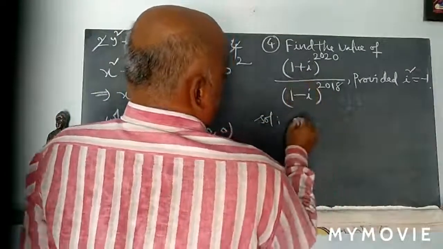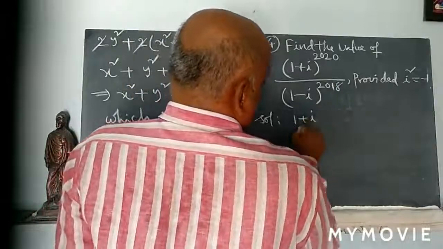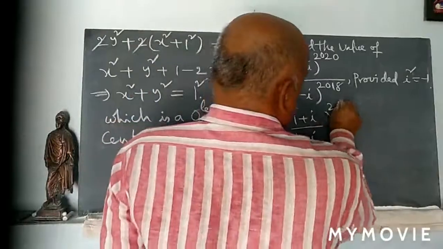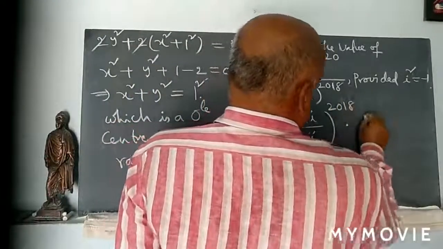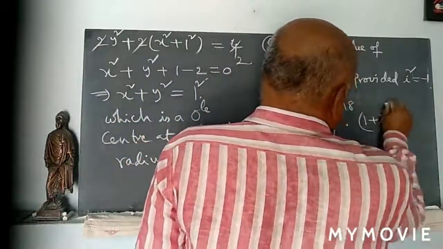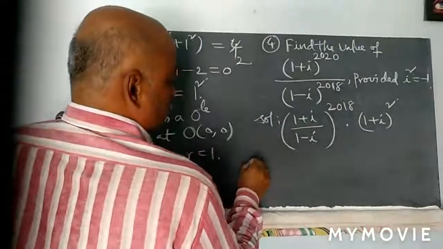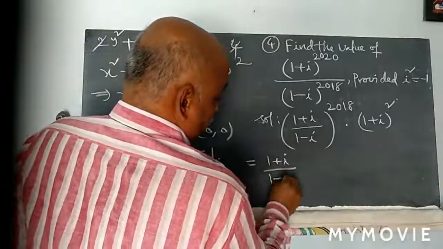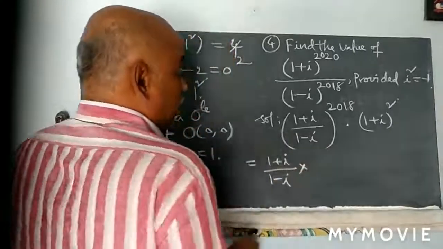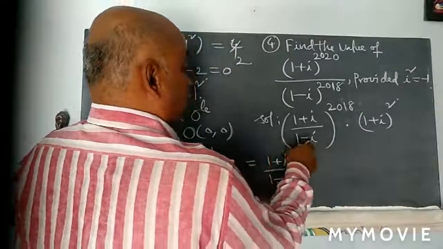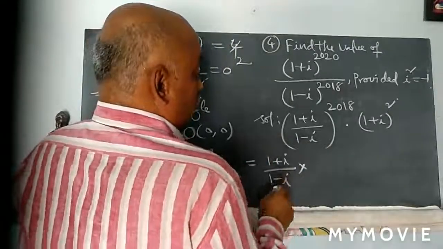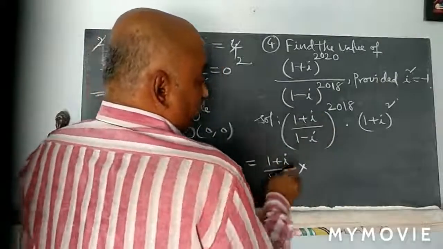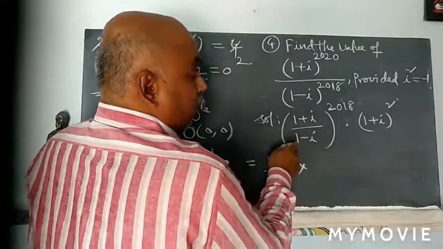This expression can be written as ((1 plus i) by (1 minus i)) whole to the power of 2018 into (1 plus i) whole square. In the denominator it is a complex number, so to convert this expression into complex form, we have to multiply and divide by the conjugate of the denominator.